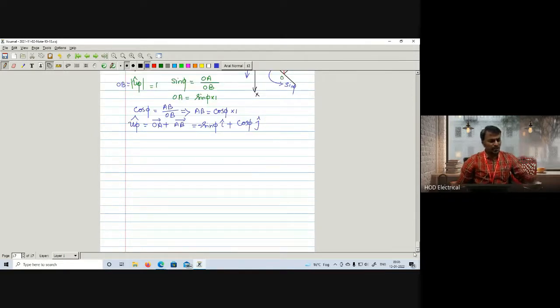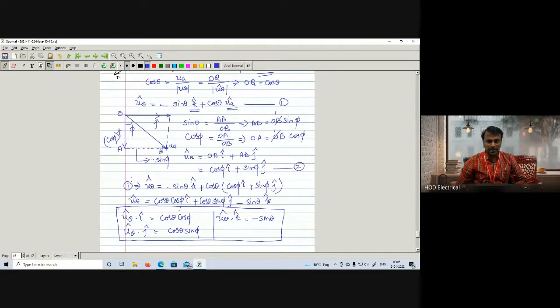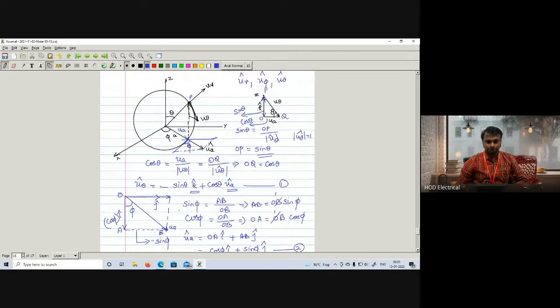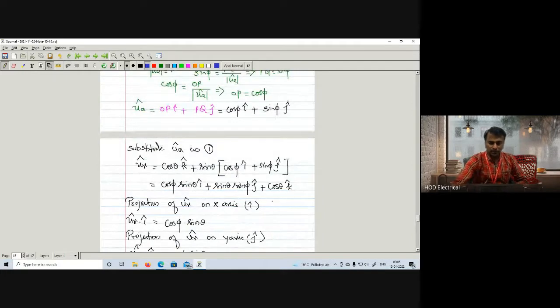Now we can write all those vectors in matrix form: u theta, u phi. Let me take this as another equation from this conversion of phi. These three equations are the main equations to form this matrix. In the previous lectures we came to know that u r is one main vector equation.